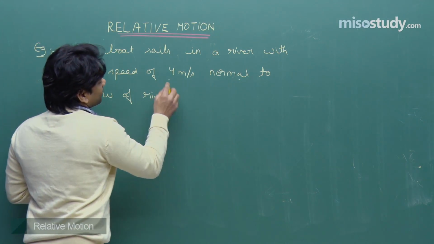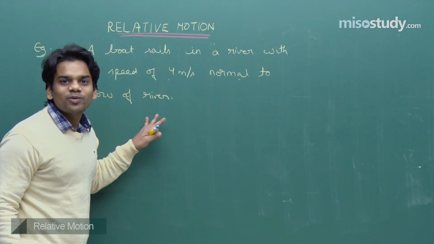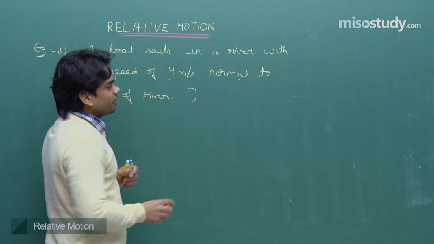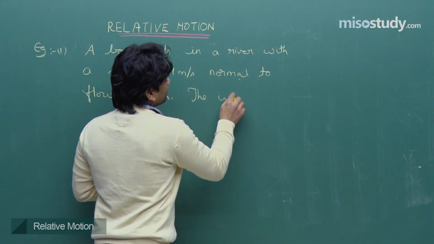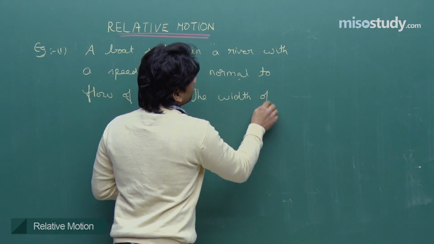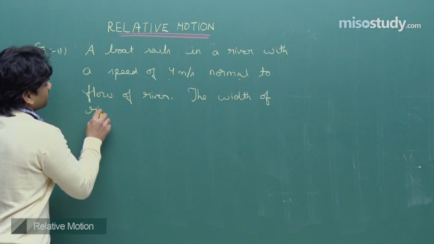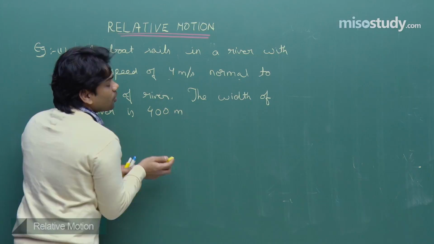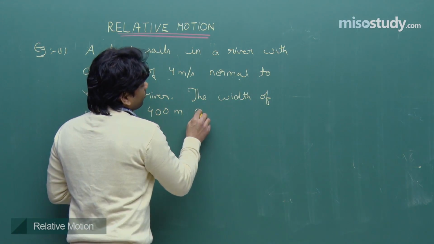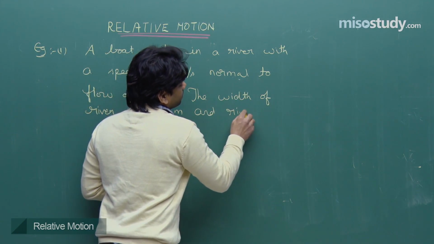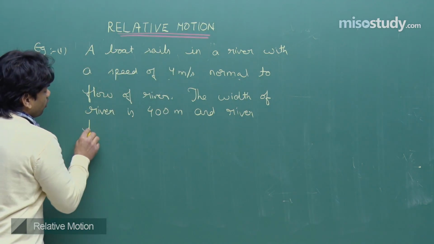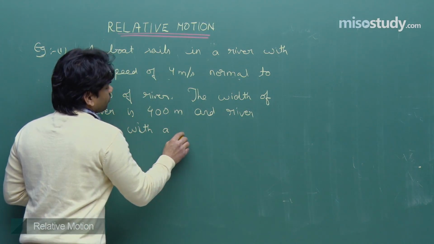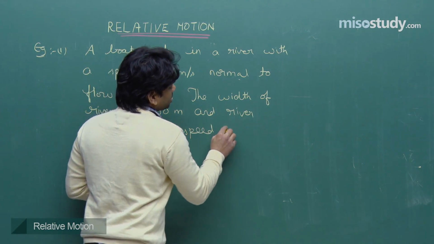Now it's given that the velocity of river flow is equal to 2 meters per second and the width of the river is 400 meters. The river flows with a speed of 2 meters per second.